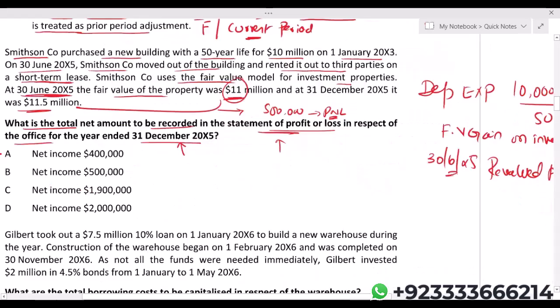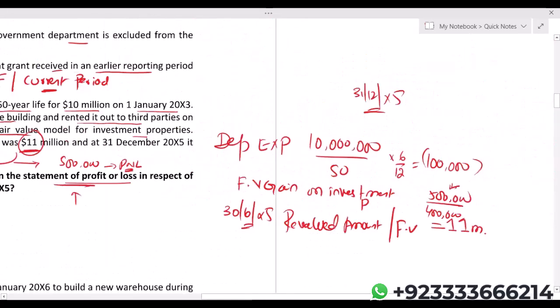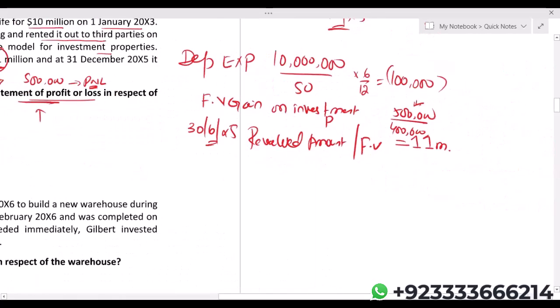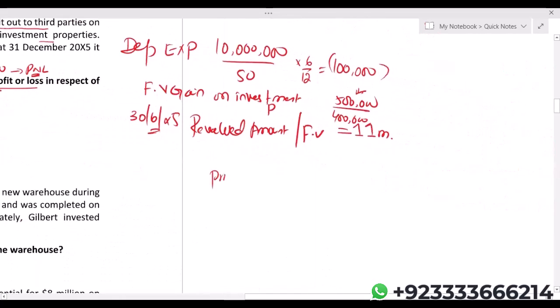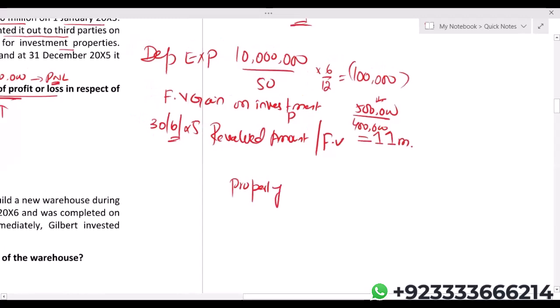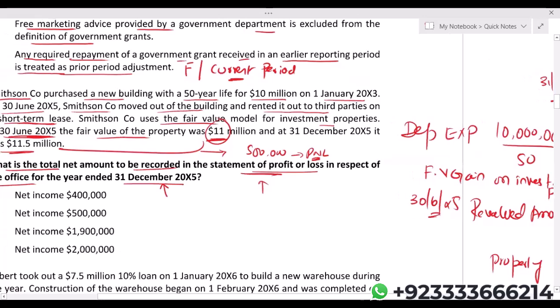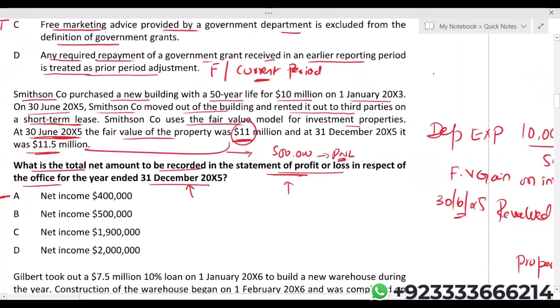So basically, if I give you a little bit more calculation, the building was purchased in January X3. And it is transferred from IAS 16 to IAS 40 on 30th June X5. If I show you the complete accounting, property, bought for $10 million. Logically, it was depreciated the entire X3, entire X4, and during X5, 6 months.